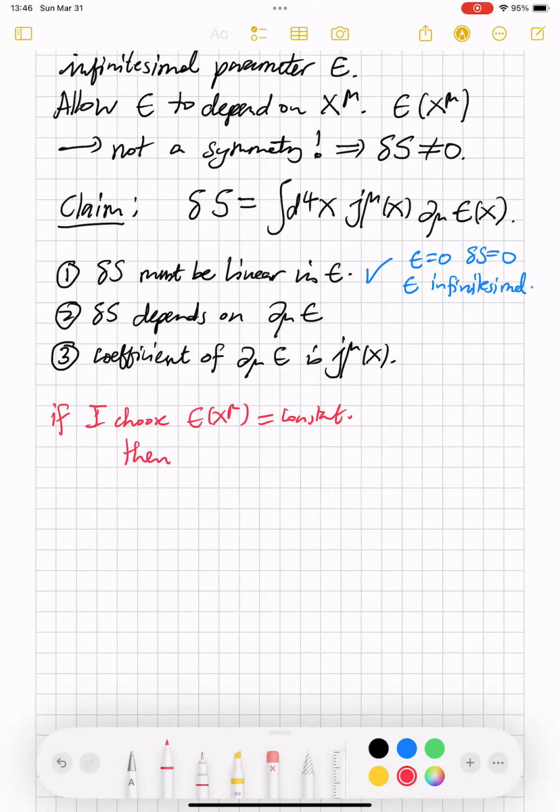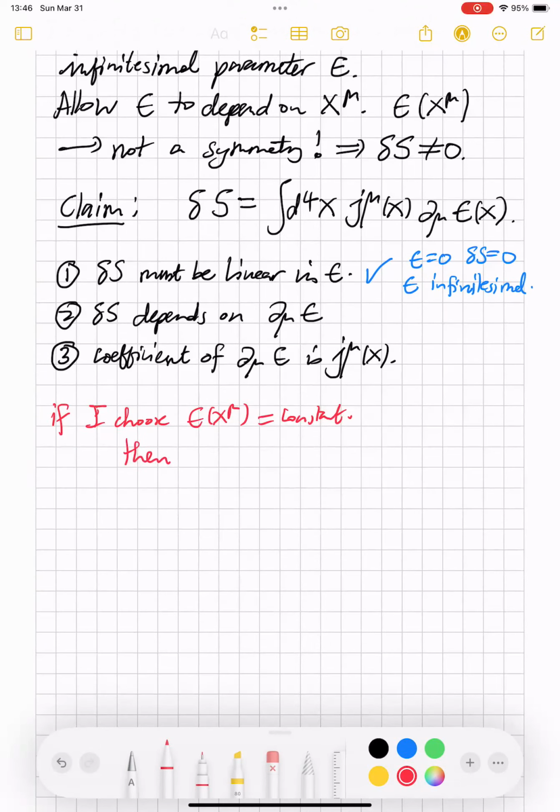And then what is delta S? Well, delta S is the action evaluated at phi primed minus the action evaluated at phi. But S at phi primed is Lorentz invariant, S of phi is Lorentz invariant, and that means delta S itself must also be Lorentz invariant.